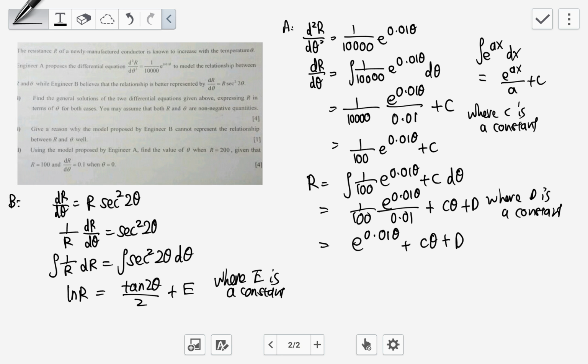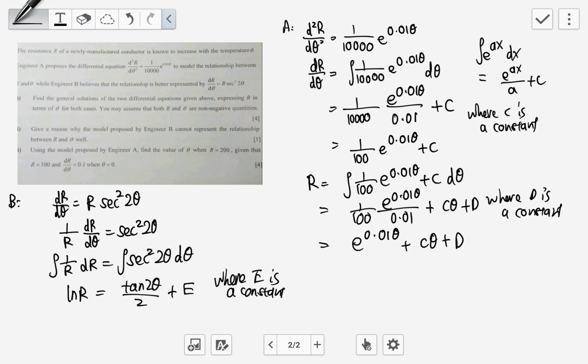But you know, for tan 2 theta over 2 plus e, we know the behavior of, let's see why this could be.